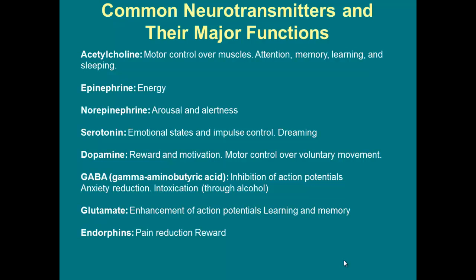If you are addicted to something, like let's just say shopping, as you shop, if you're feeling good, I love shopping, okay, and as you're doing that, your brain is releasing endorphins. That's part of what makes you feel good. All right? So any of these, norepinephrine, arousal, alertness, epinephrine, energy, and so on down the line. All these different neurochemicals, okay, when released in your brain will have an effect on how you feel.